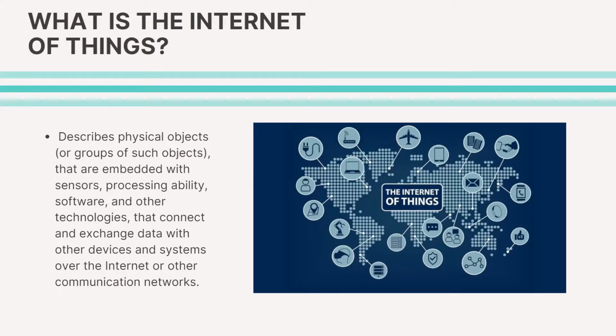In the consumer market, IoT technology is most synonymous with products pertaining to the concept of the smart home, including devices and appliances such as lighting fixtures, thermostats, home security systems and cameras, and other home appliances that support one or more common ecosystems and can be controlled via devices associated with that ecosystem, such as smartphones and smart speakers. The IoT can also be used in healthcare systems.